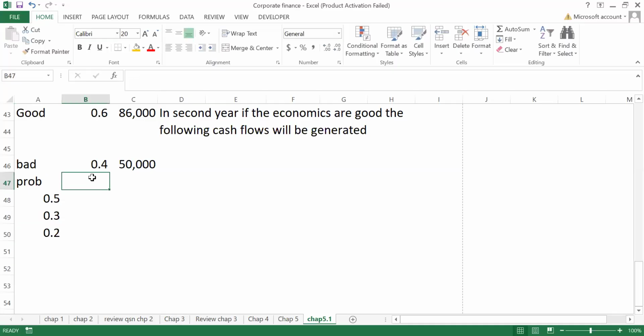The cash flows you can have 40, maybe 48, and it can be 30.